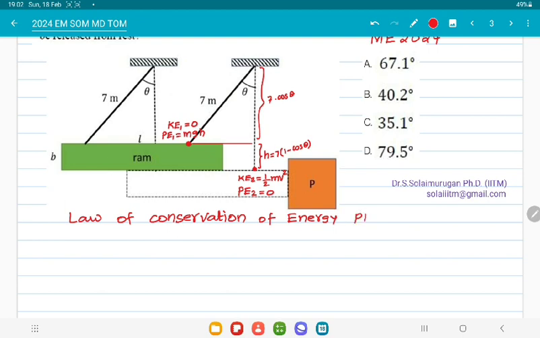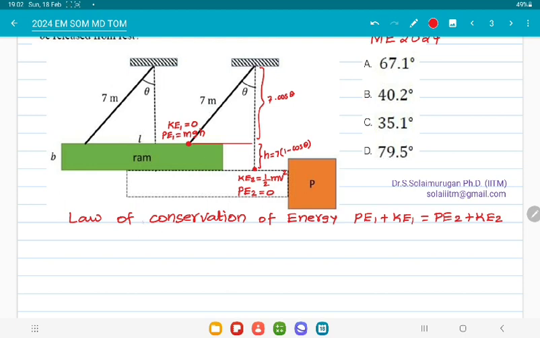PE1 plus KE1 is equal to PE2 plus KE2. Here 1 and 2 are initial and final states.